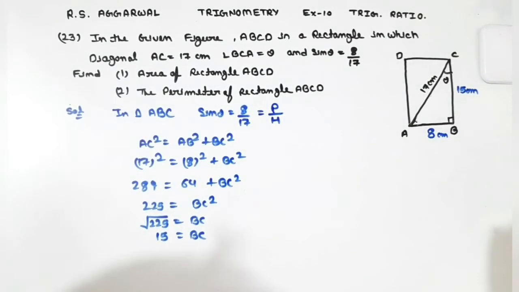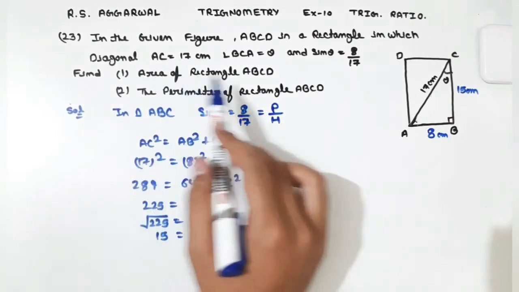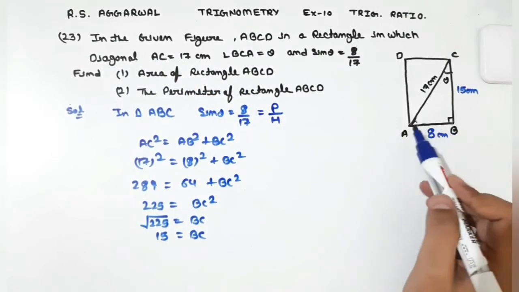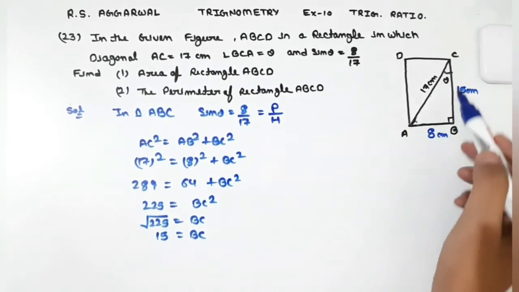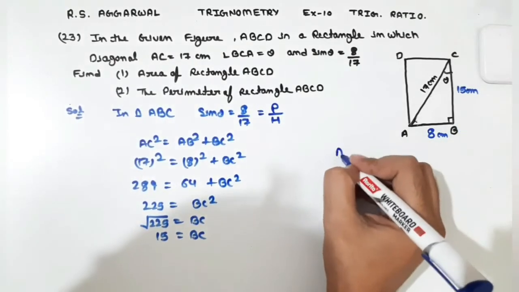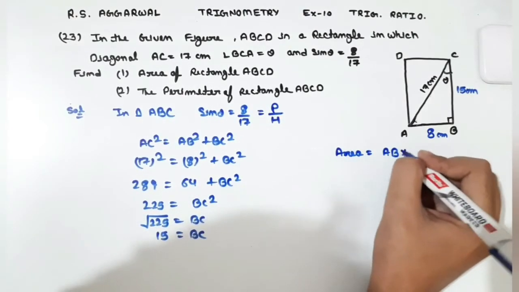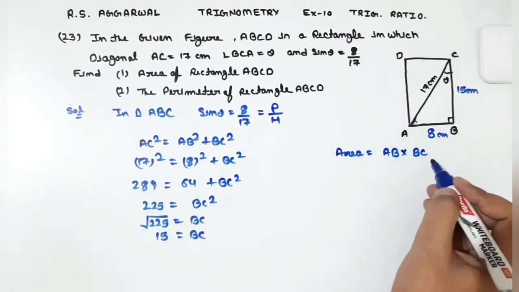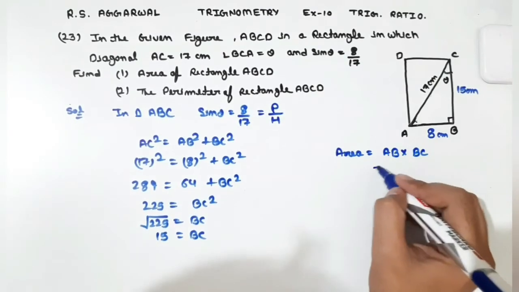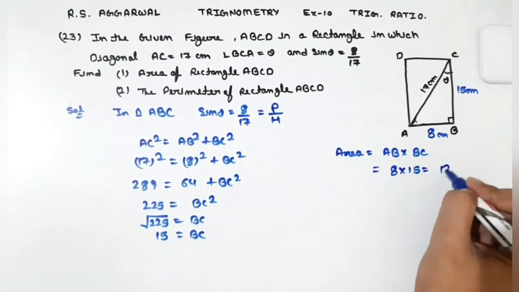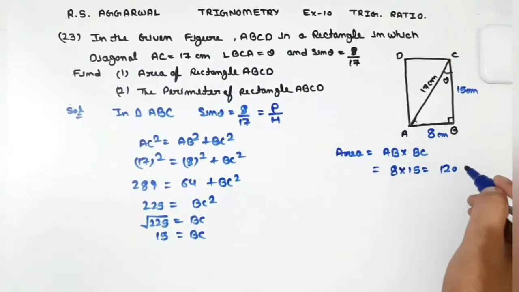Now we have to find the area of rectangle ABCD. So this is the width of the rectangle and this is the length. So area will be AB into BC, length into width. So that is 8 into 15, that is 120 centimeter square.